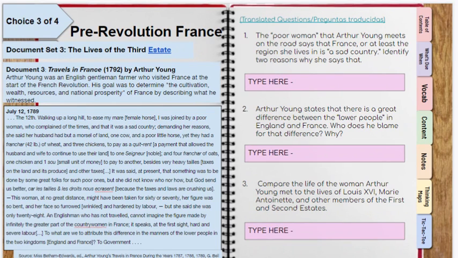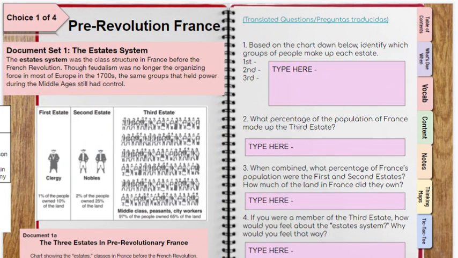So we're looking here, the Third Estate is growing very angry with the First and Second Estate, but especially King Louis XVI, as they are seeing themselves suffering, they are seeing themselves being taken advantage of.